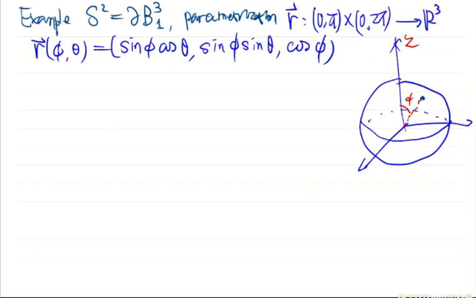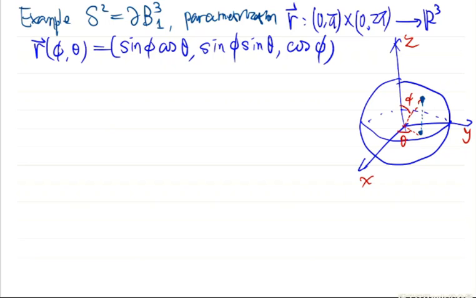The point determines an angle with the z-axis, which is phi, and we project this point into the xy plane. This will give us another angle with the x-axis, this is theta.